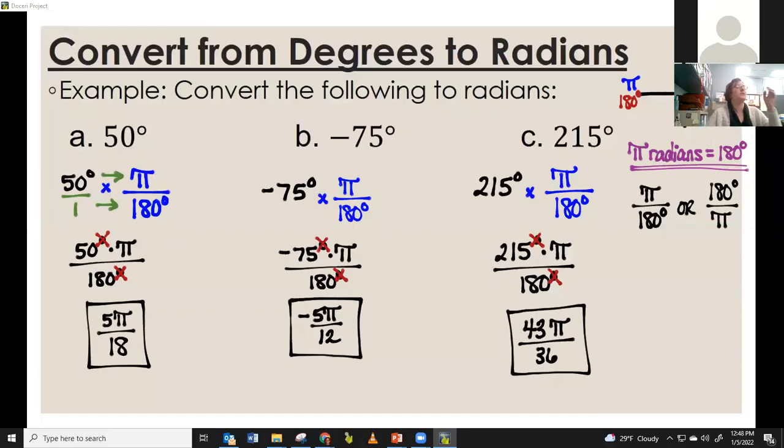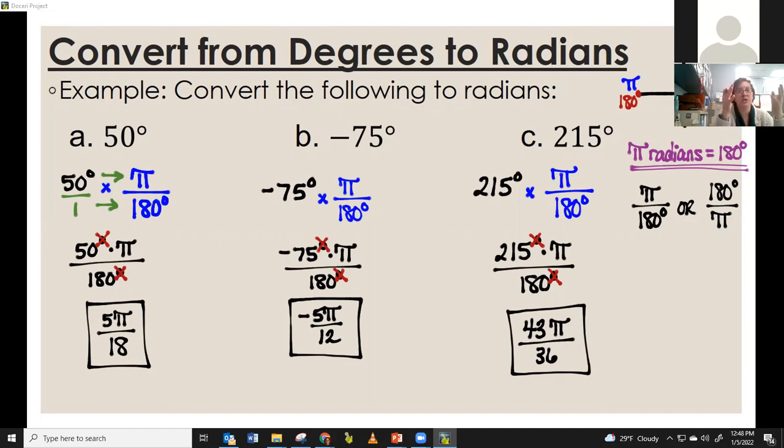All right. So yesterday we had just started talking about what a radian is and how we measure angles in radians. And then we practiced converting from degrees into radians. So today I want to begin by going the other way and converting from radians back into degrees.